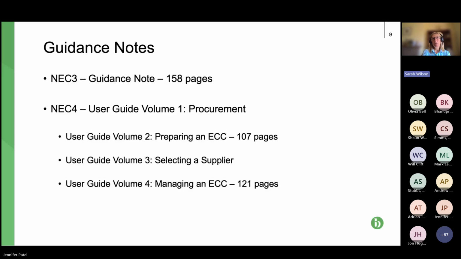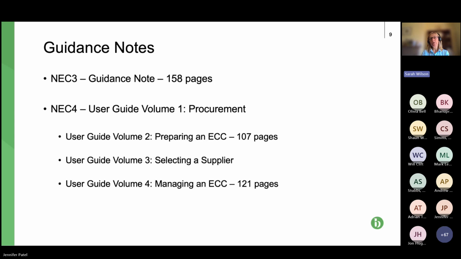Okay, so kind of moving on to the engineering and construction contract and how NEC4 is structured. So the first thing I want to refer to, because I talk a lot about the guidance notes, because I think they're helpful. So for NEC3, we had the guidance notes, 158 pages.